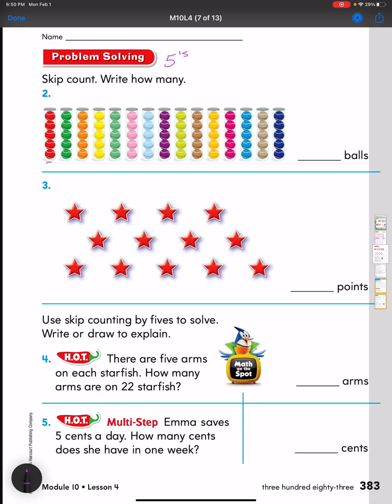So I would say 5, 10, 15, 20, 25, 30, 35, 40, 45, 50, 55, 60, 65, 70, 75. There are 75 tennis balls. That was much faster than counting them by ones. Putting them into groups of 5 helped me count in a faster way. And let's see, number 3.